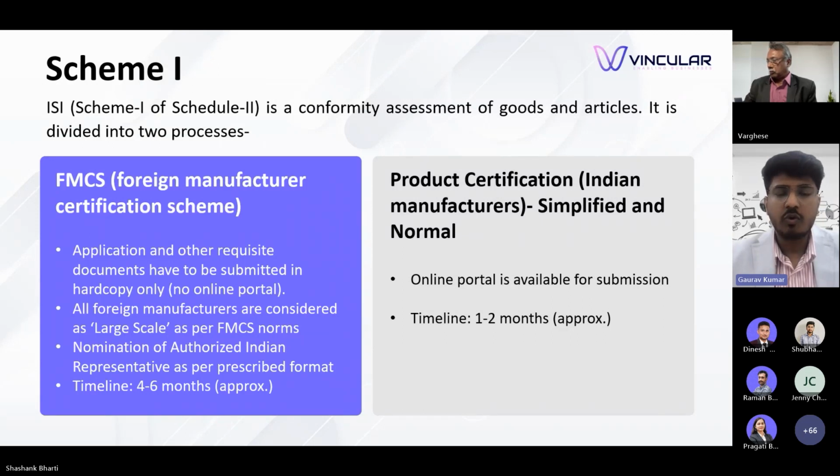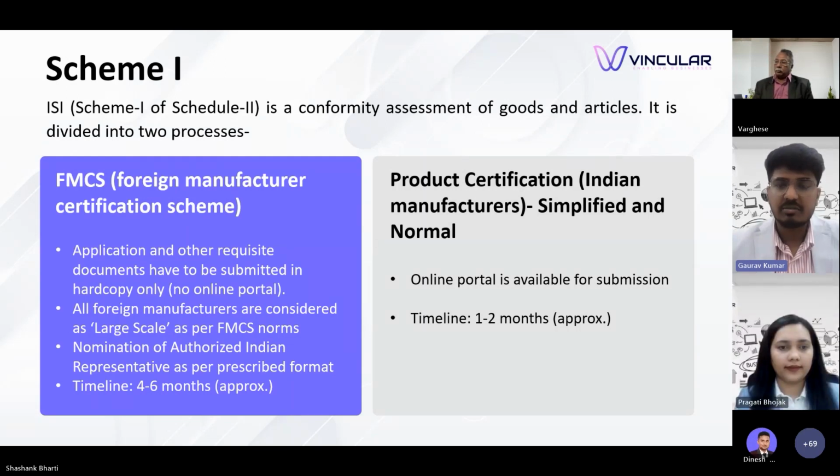So who will take ownership on behalf of the applicant if anything goes wrong at a later stage because of their products, or because of the products placed by them in the Indian market? So the ownership and the first-hand authority lie with the AIR, the authorized Indian representative. They are legally bound with the Bureau to represent the factory and will be answerable for any such mishaps, any such questions being asked by Bureau officials.